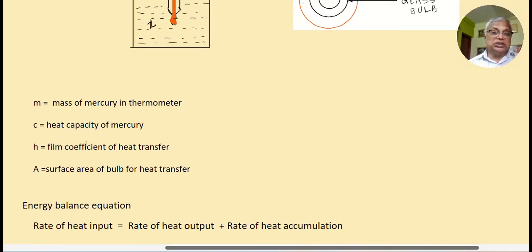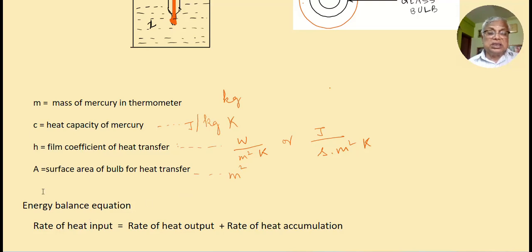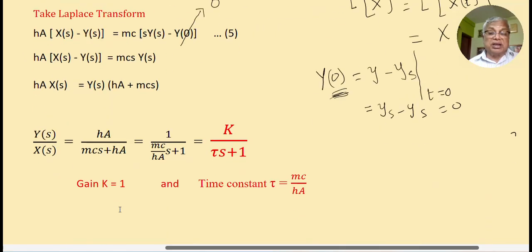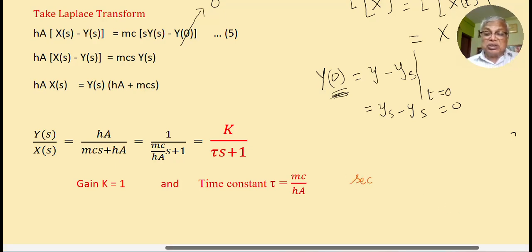If you substitute the units of m, c, h: m is mass in kg, c is heat capacity in joules per kg Kelvin, h is heat transfer coefficient in joules per second meter square Kelvin, and area is meter square. If you substitute all these units into tau, mc by ha, you will get the unit for time as second or any time unit.